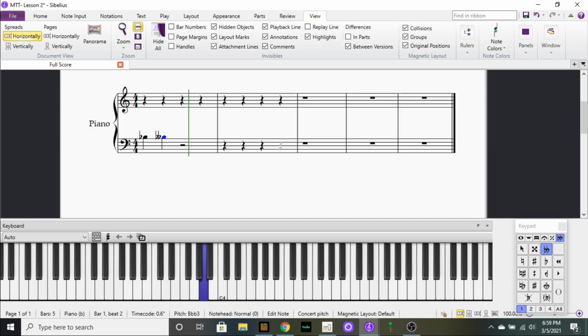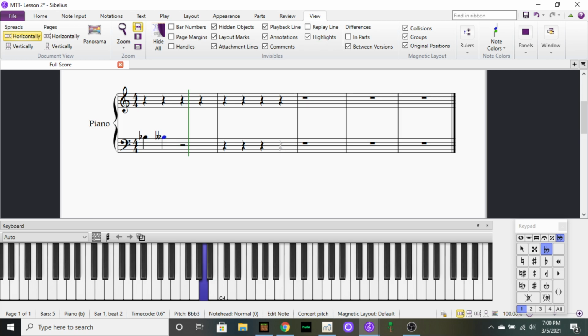And you're probably thinking, why don't you just write A natural? In some keys, some pieces, it is preferred to write such as B double flat. Like if you're playing in the key of, say, G flat or C flat, which I'll go over later, and you can then relate back to this video.